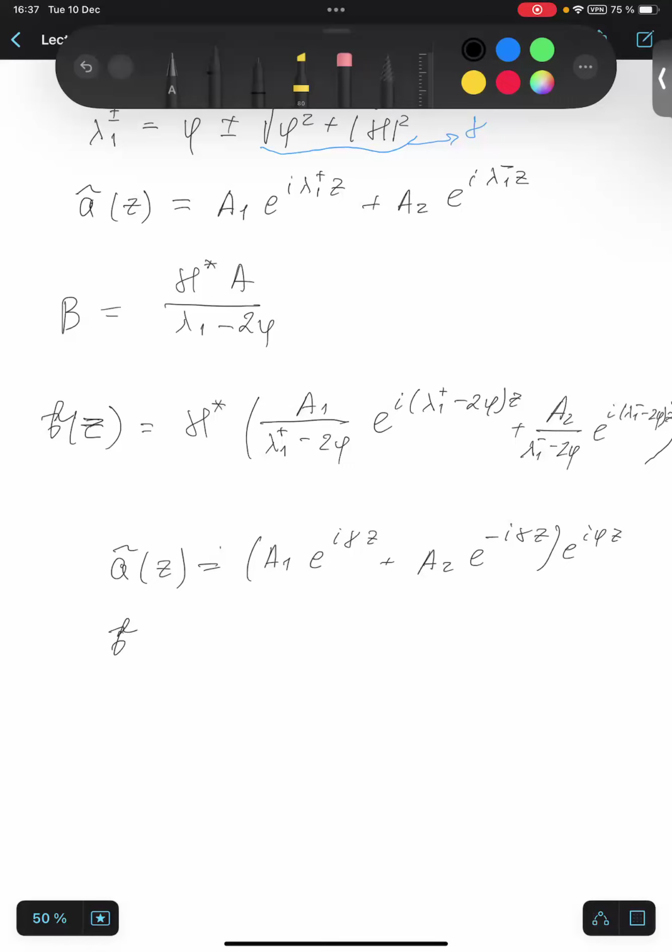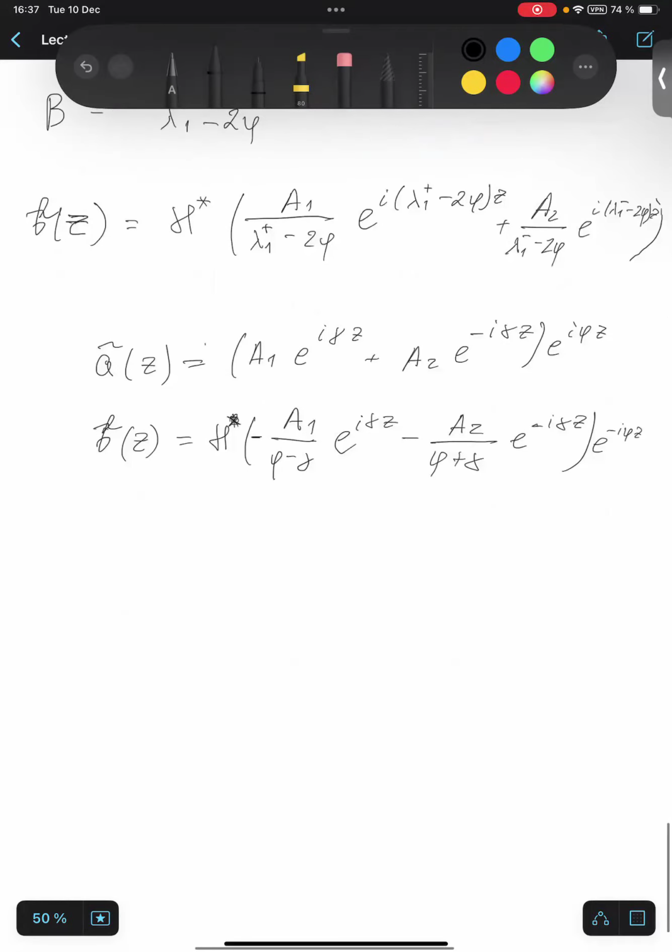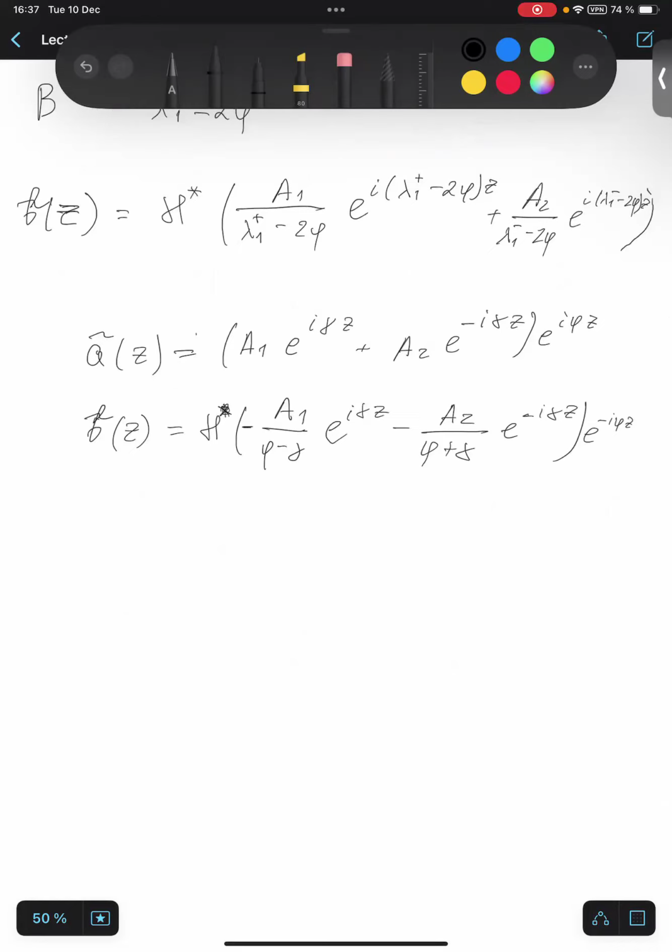And the same story for B. So I have here kappa conjugated, with A1 over phi minus gamma e^(i gamma z) minus A2 over phi plus gamma e^(minus i gamma z), times e^(minus i phi z). Perfect. We found the solutions.